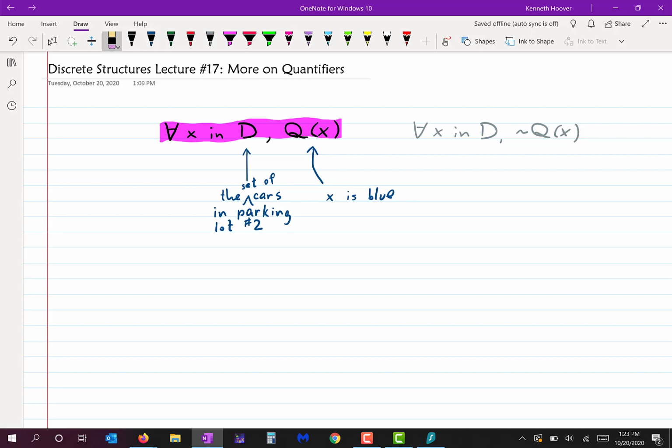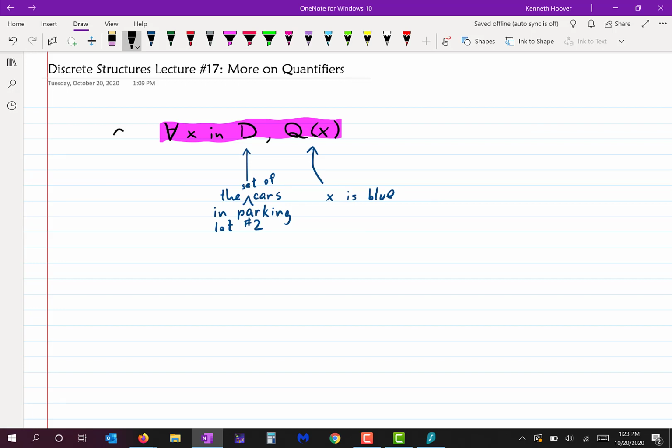If I say all of these cars are blue, and let's just assume that I'm wrong, I mean, I suppose it's possible that it could be a whole parking lot of blue cars, but let's assume that's not the case. And I say every car is blue, and you want to prove me wrong, all you have to do is find one car that's not blue. So in other words, you don't have to show that every car is not blue. You just have to show one car isn't blue.